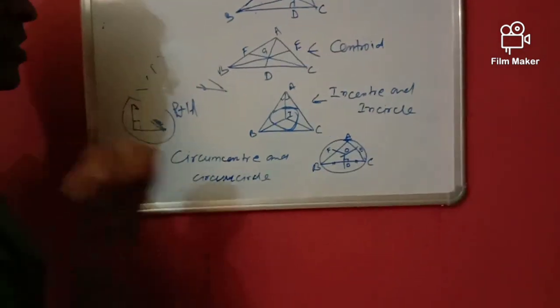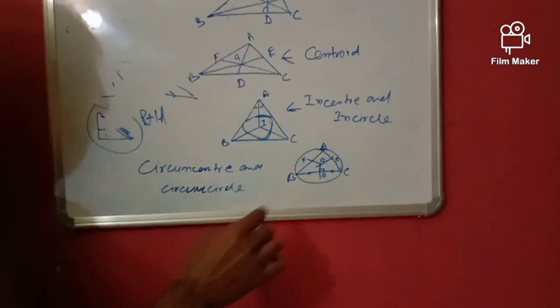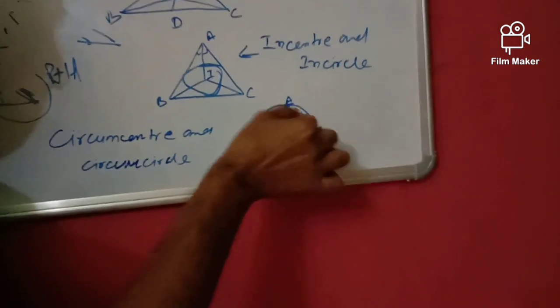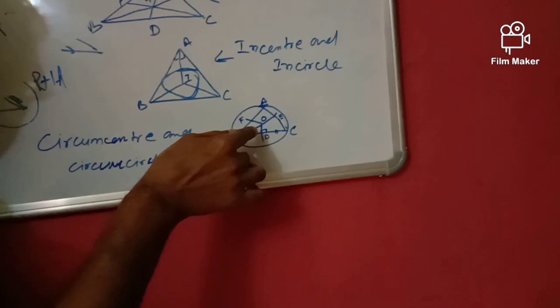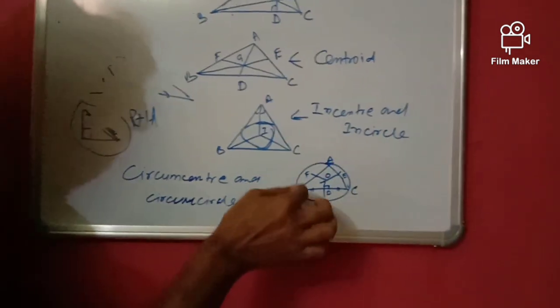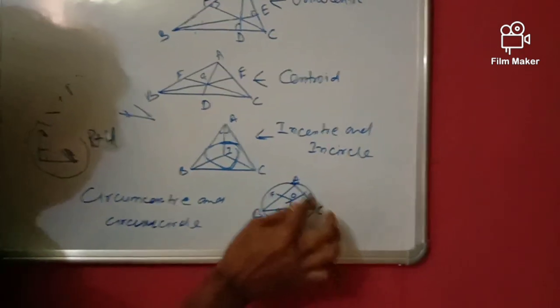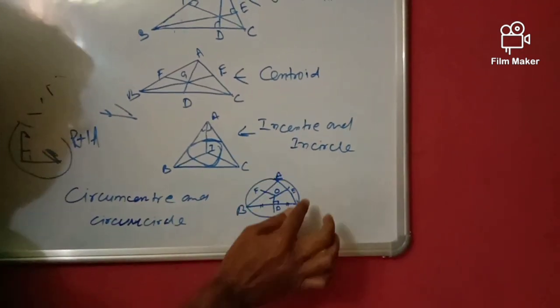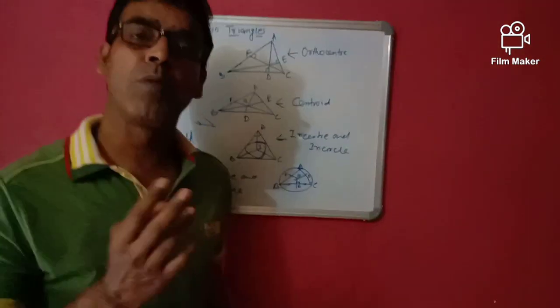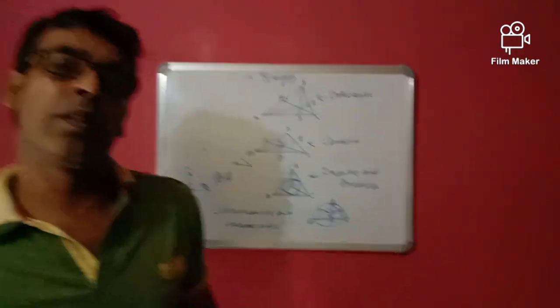Now, circumcenter and circumcircle. A line bisecting a side of a triangle and perpendicular to it is called a right bisector. Moreover, the circumcenter is the center of a circle which passes through the vertices of triangle ABC, and this circle is called the circumcircle of triangle ABC.